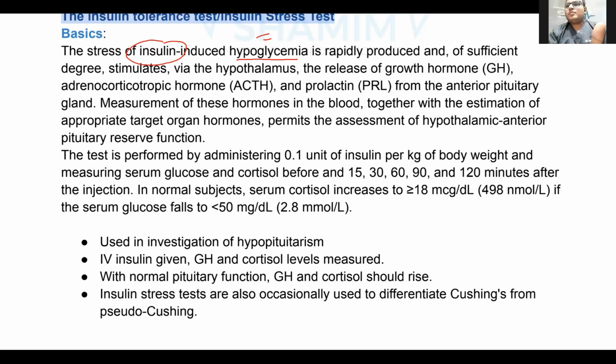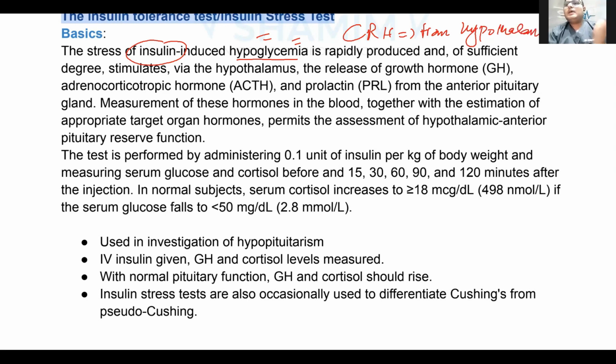So when artificial hypoglycemia is produced by injecting insulin, stress hormones are released from the hypothalamus and pituitary gland. First, corticotropin releasing hormone is released from the hypothalamus, and it acts on the anterior pituitary.